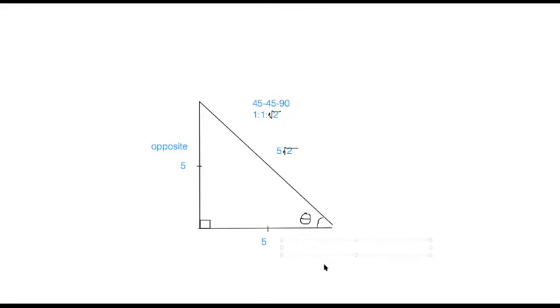Adjacent basically just means next to. So this side is adjacent. And then the side that's across from the right angle, it's always the hypotenuse.